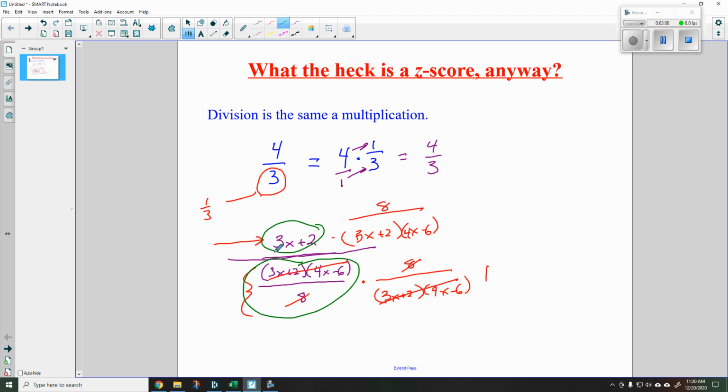If I were to do that, I'd look at (3x plus 2)/1, and I can cross out the 3x plus 2, and really I would be left with 8/(4x minus 6). But the answer isn't really what I'm that concerned about. What I'm trying to make sure you understand is that if I'm dividing by something, it's the same thing as multiplying by its reciprocal.